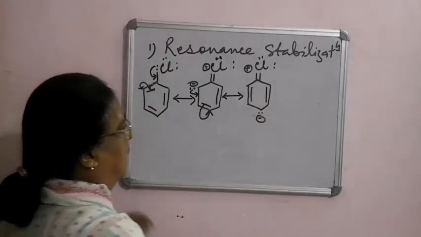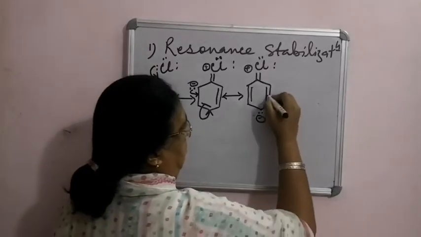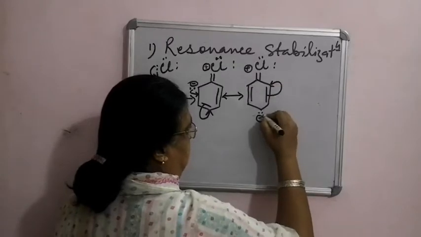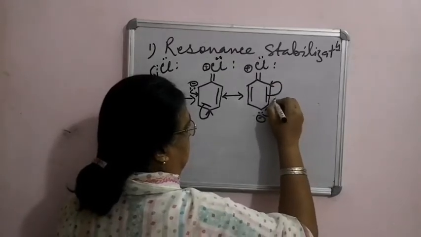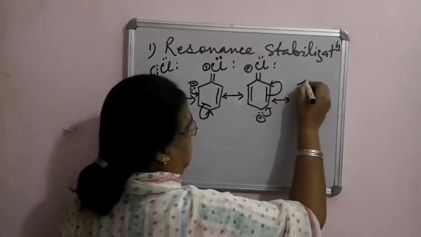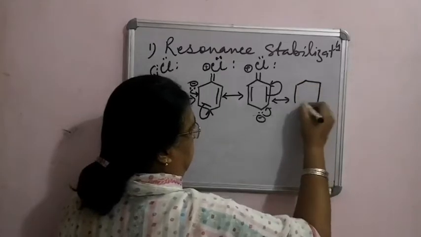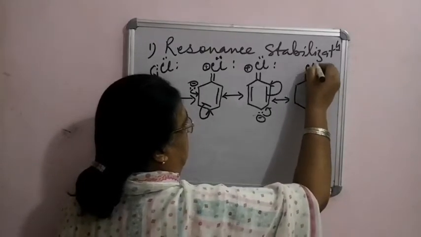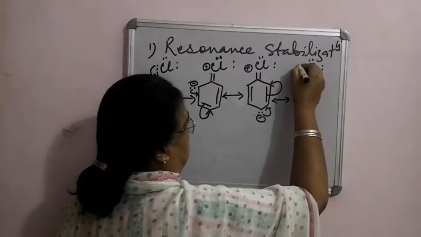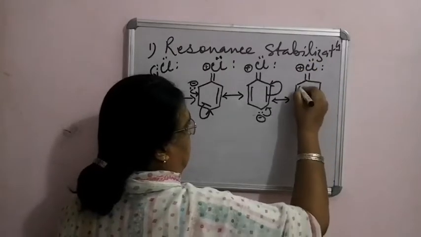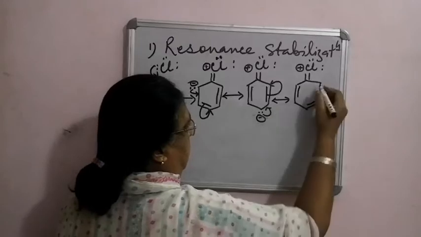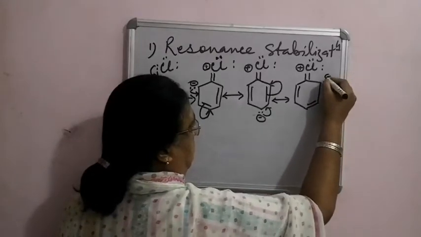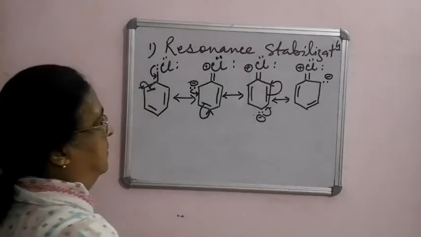Now, again this can be delocalized further, and we will have a structure like this. Double bond Cl, still two lone pairs, positive charge. Here is a bond, there will become a bond, and this is broken, no bond, and so here will be a negative charge.